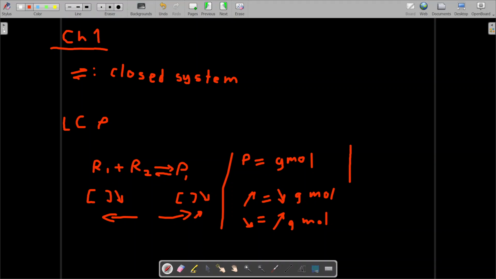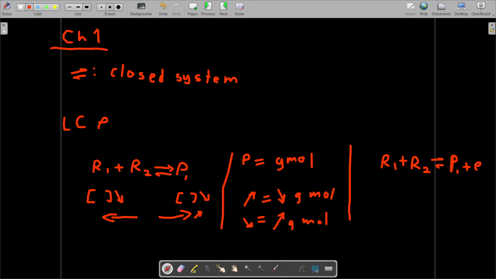Now our last point, which is temperature. Temperature might be the hardest one for everyone. So we're going to start with the same thing, R1 plus R2 at equilibrium with the products, and let's say here you have your energy.